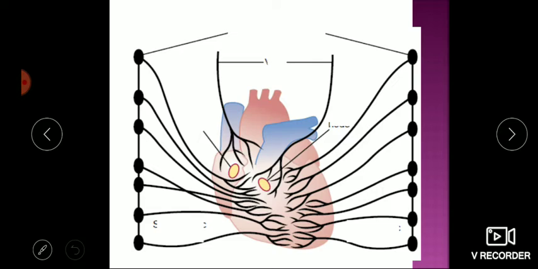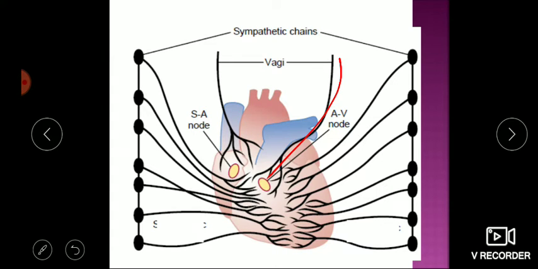So here, as you can see, these are the vagus. The right vagus is supplying the SA node and the left vagus is supplying the AV node. So obviously when the right vagus is stimulated, heart rate will reduce, and if the left vagus is stimulated, there is an increase in conduction time, because generation is from the SA node and the AV node is only conducting impulses.